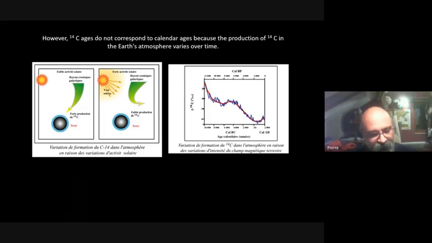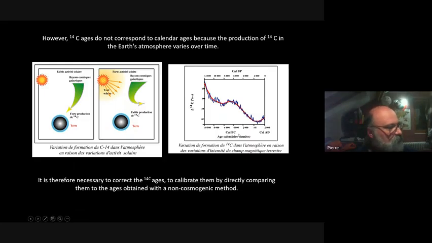So, in fact, we know now the amount of C14 in the atmosphere changes in time, and we have to take into account this change in order to calibrate precisely the age we obtain with this method.